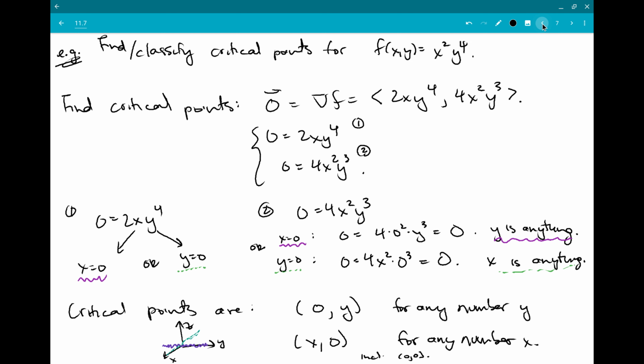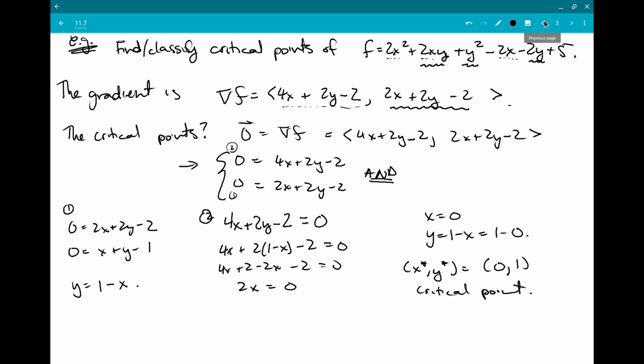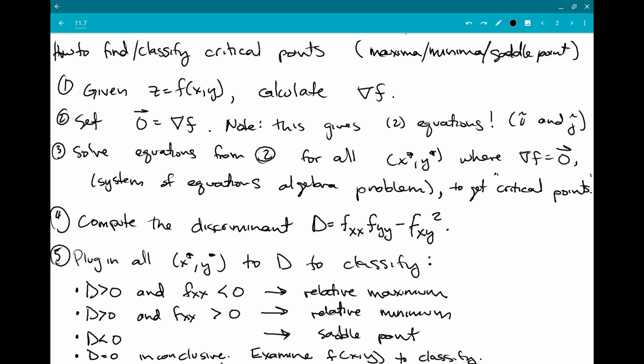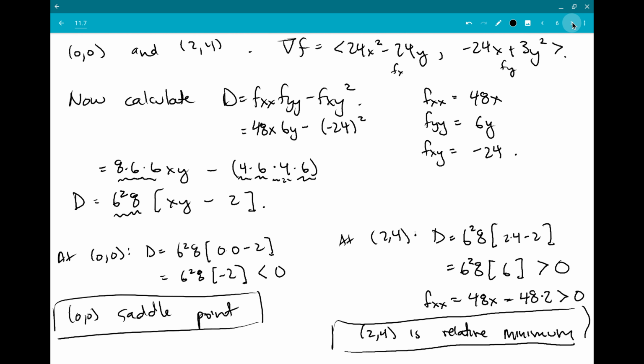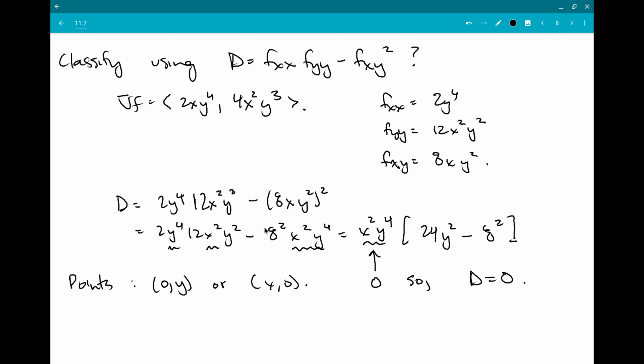And when D is equal to 0, that's that last case in our list of steps where this test is inconclusive and we actually have to examine f of x, y to classify the points. And that's not super clear, which is why I wanted to do this example.